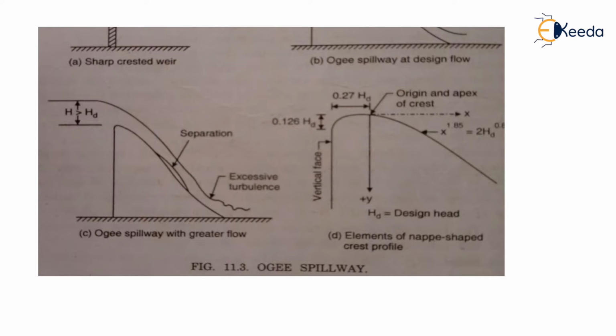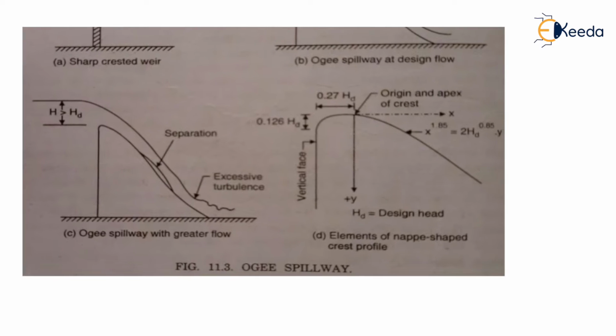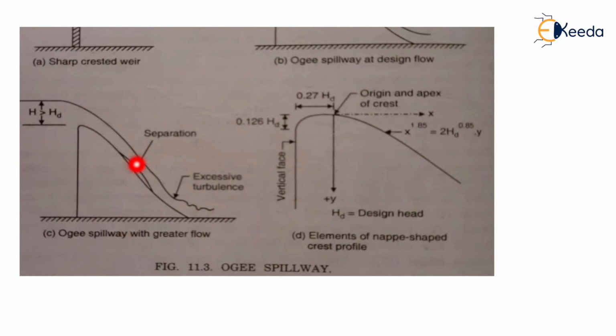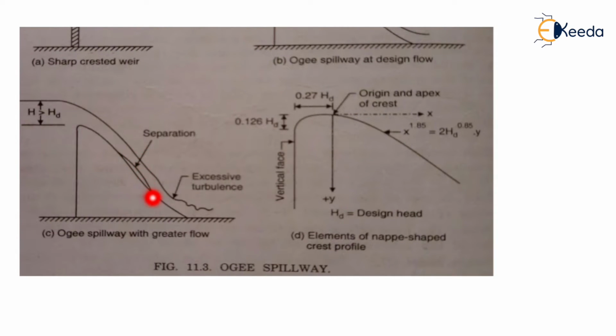So what happens exactly if such a condition occurs? The contact between the water and the surface will get separated. Because of this separation, turbulence will be created and this section will get eroded. To avoid this, we adopt the section elements of the sharp crested profile.